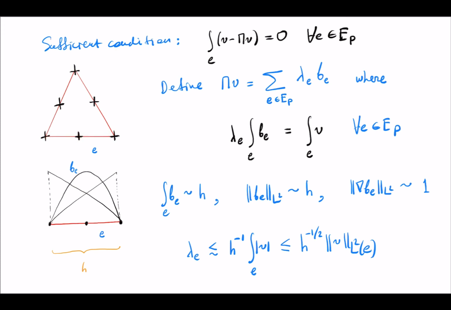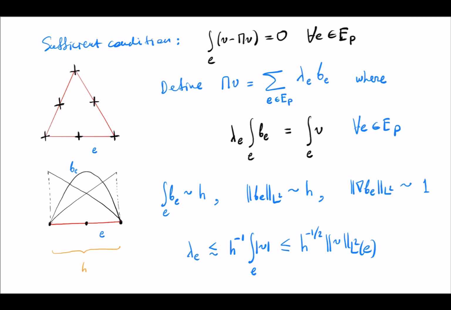So we're going to define this pi v as a linear combination of those edge bubble functions, where these lambda e should now actually be vector valued, because v is a vector. To simplify things, we can think of v as a scalar because everything works in the same way.